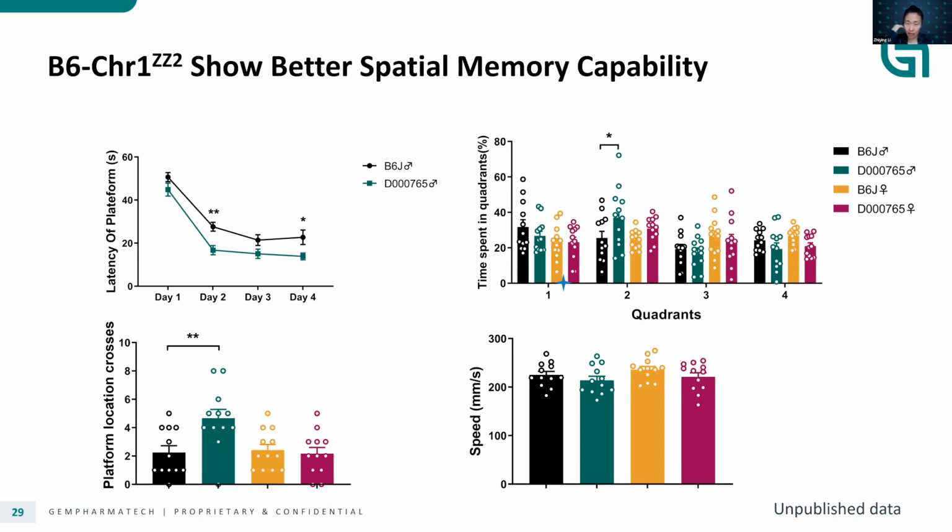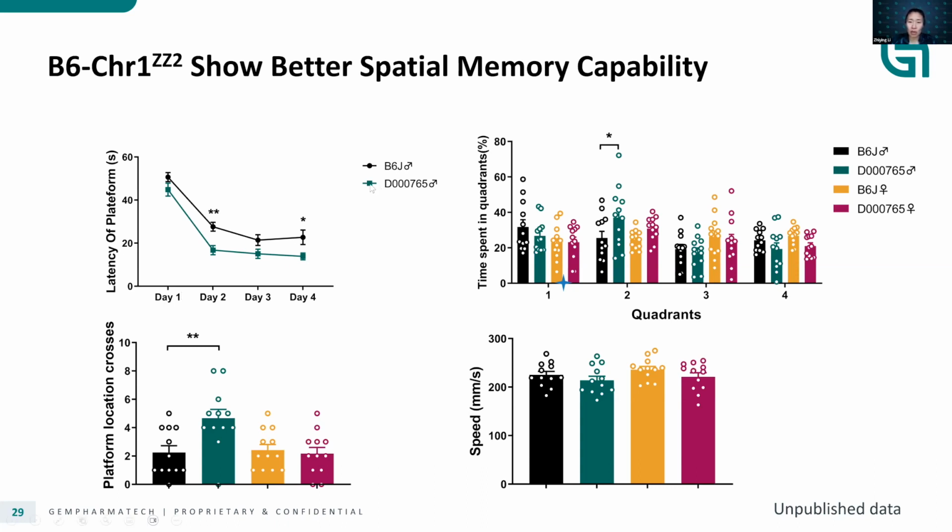So as you can see here, what we observed from this particular strain is a better spatial memory capability. So let me talk you through the data. What we subjected the mice to, first of all, is the Morris water maze. Showing you here is the latency of mice finding the platform where they can escape from the water.